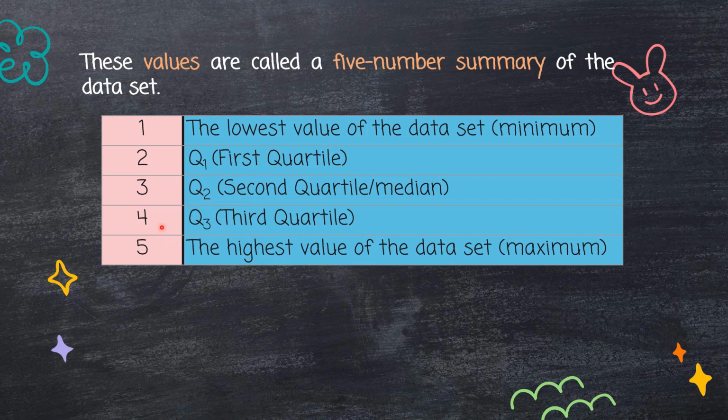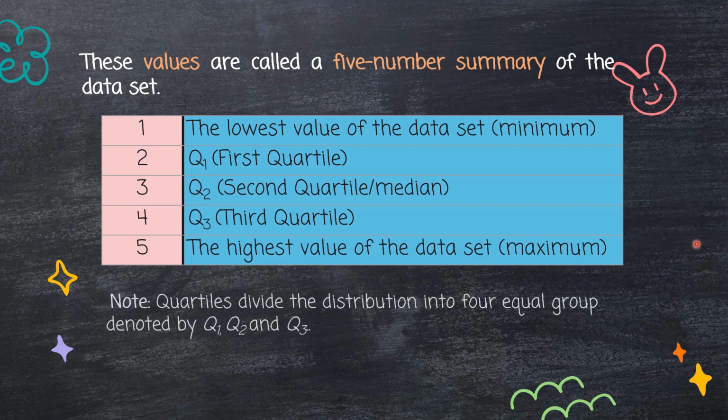The fourth value is the third quartile, or Q3. And the last value is the highest value of the dataset. Note that quartiles divide the distribution into 4 equal groups, denoted by the first quartile, second quartile or median, and third quartile.